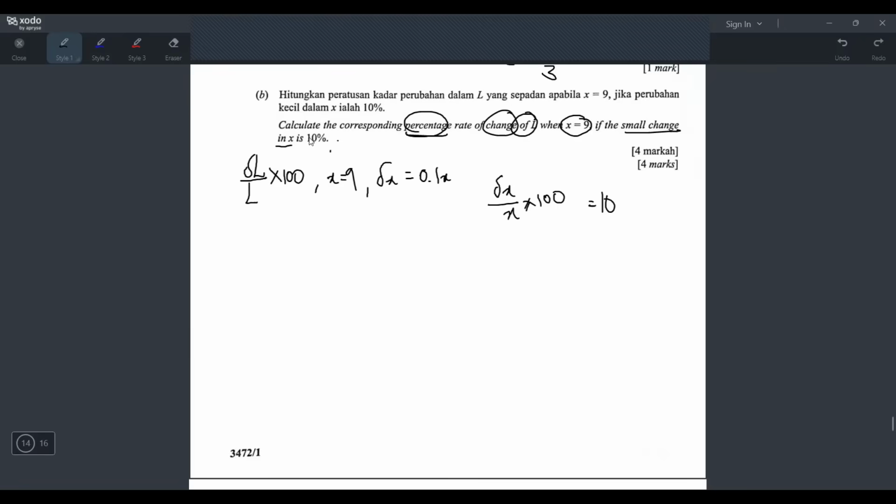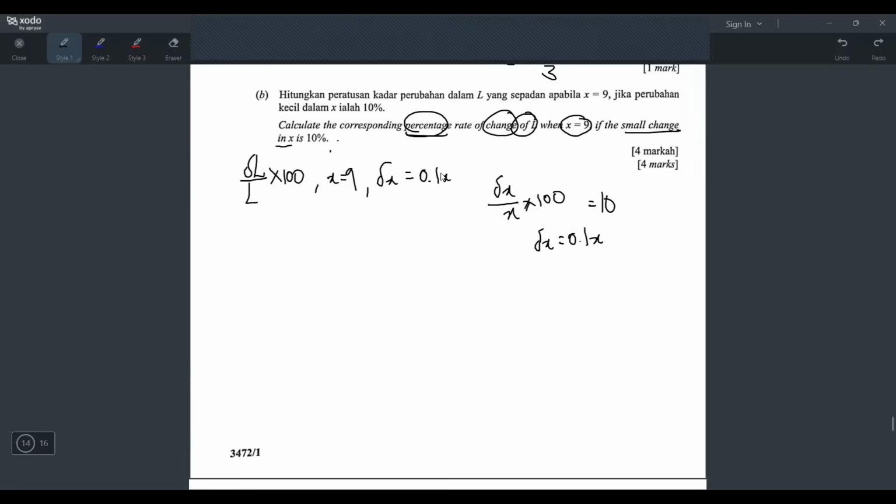So in order to get delta x, the small change in x, you have to take 10 divided by 100, which is 0.1, and then times with x. That is why the delta x here is 0.1x, all right? And the common mistake here is student will always write 0.1. Yeah, because they just write 0.1, wrong, it's 0.1x, okay?